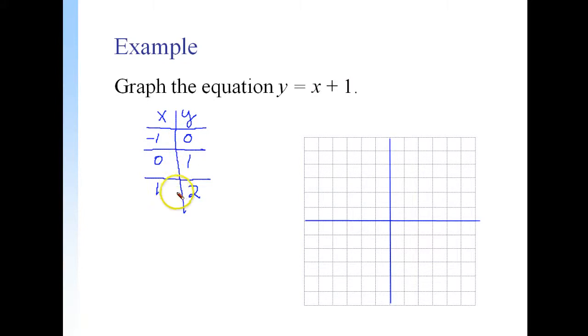I now have 3 points that are solutions for this linear equation, and I plot them. So -1, 0 is right there. 0, 1 is right there. And 1, 2 is right there.